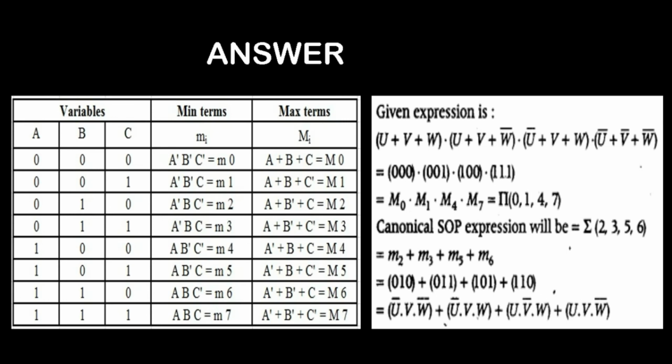Within pi we have written the values 0, 1, 4, 7, and for sigma write the remaining left out numbers. 0 is there already, 1 is there already, so 2 is missing, write it in sigma, and 3 is missing. 4 is there in pi, leave that. 5 is not there, so write it in sigma, 6 is not there, write it in sigma, and 7 is there in the pi. So this is the method of writing the equivalent value of sigma. Whatever numbers are left out in the pi, you write in sigma. So the values are 2, 3, 5, 6.